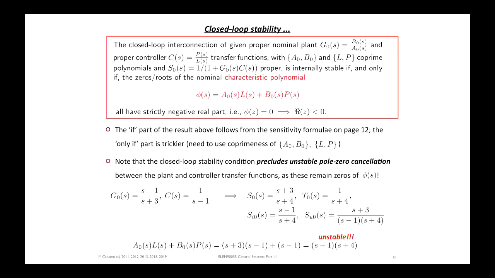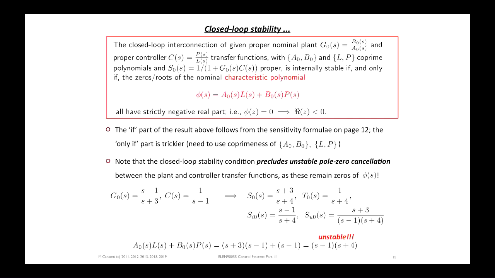An interesting thing to note is that this stability condition precludes unstable pole zero cancellation between the plant and the controller. As soon as you have a pole zero cancellation between the plant and the controller, that pole that's being cancelled will appear in at least one of the sensitivity functions.